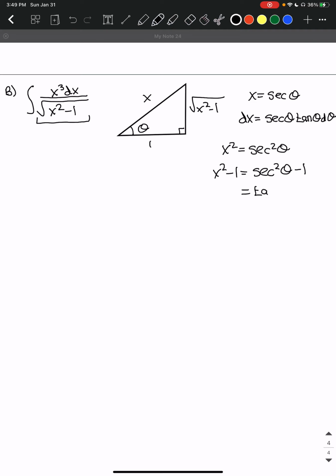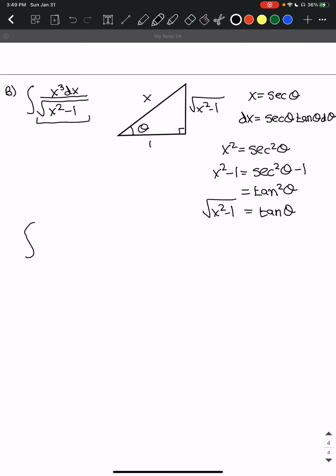We know that to be equal to tangent squared of theta based on that identity. So when I take the square root of both sides, I found that my square root is simply equal to tangent of theta. And of course, you have to pay attention to which values of theta are allowed. That's more of a subtlety, so I won't really talk about it too much, but it is important to note that that's there.